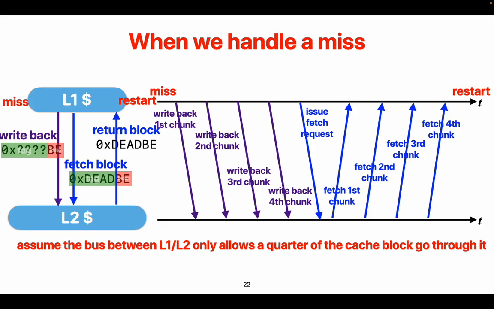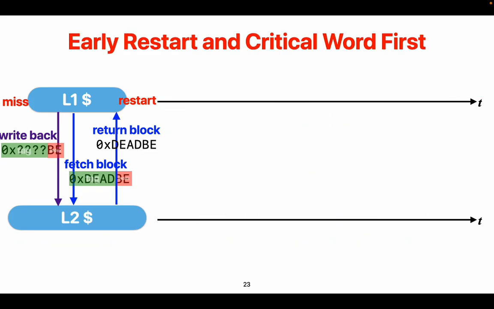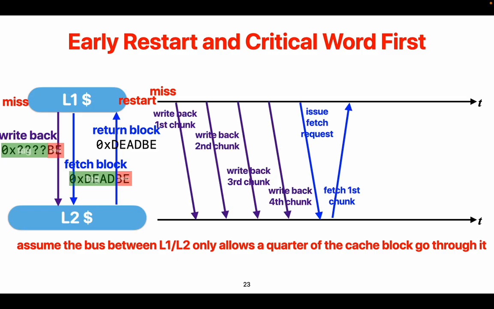During this whole period of time, your processor cannot do anything. However, early restart and critical word first means that as long as I get the word that I want within a block offset, I can immediately respond with that word to the processor to let it restart, so that I can save some time.